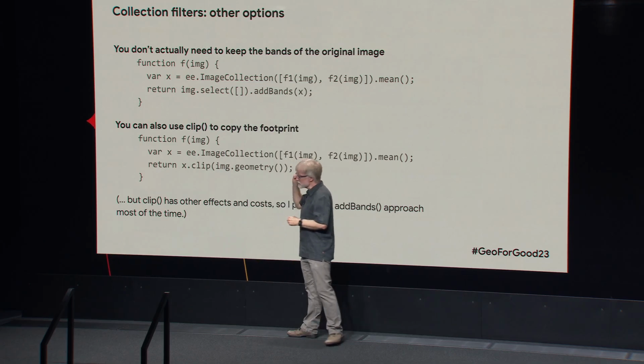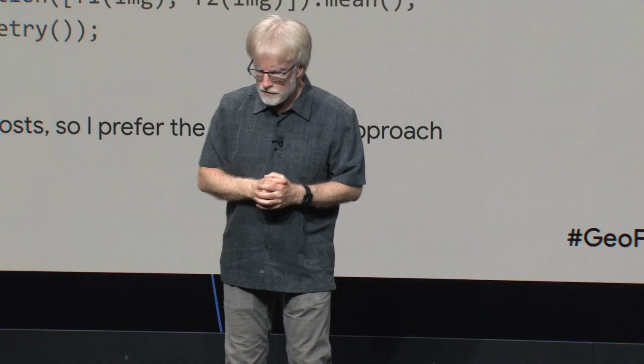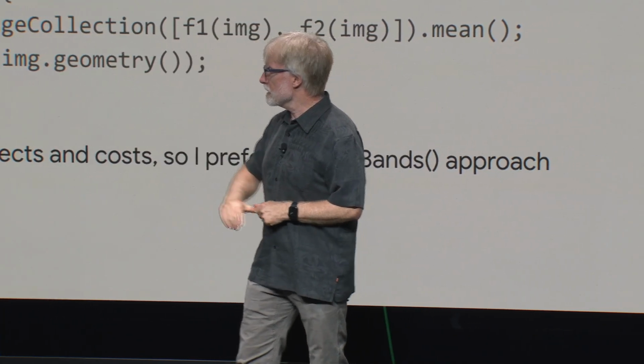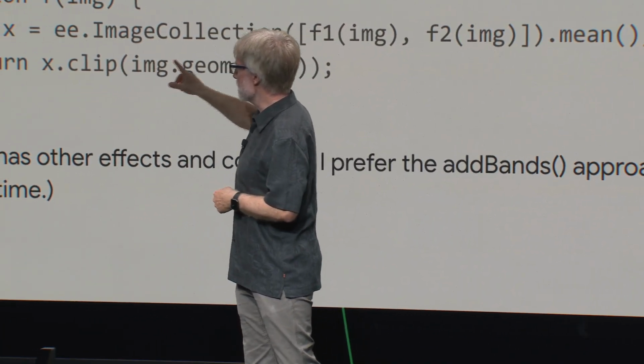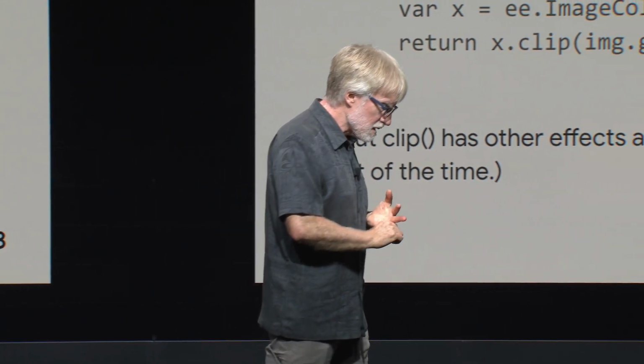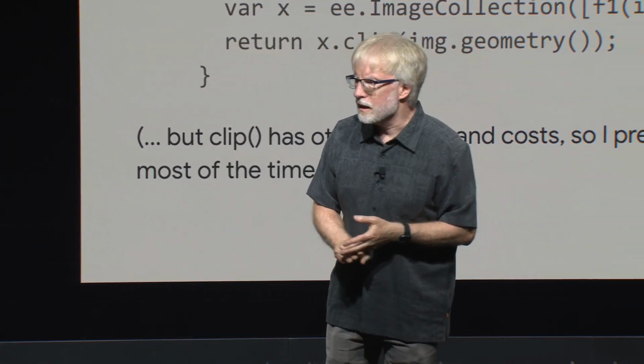Right, so the next question is, if updateMask has the same property, which does somewhat similar thing, I think it's possible that it does copy the footprint for you. And would it be more efficient?